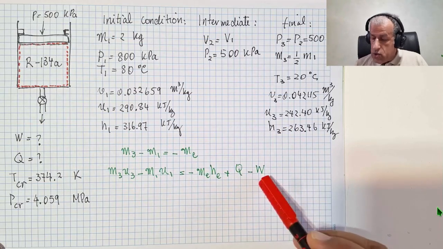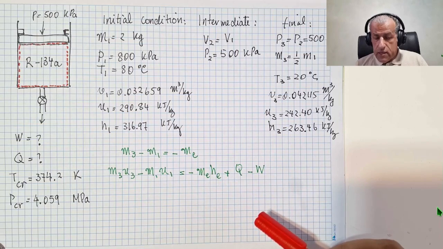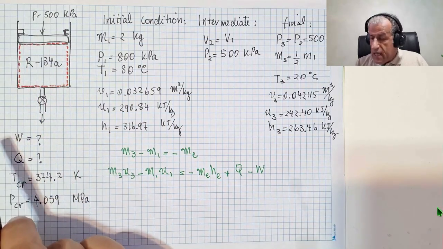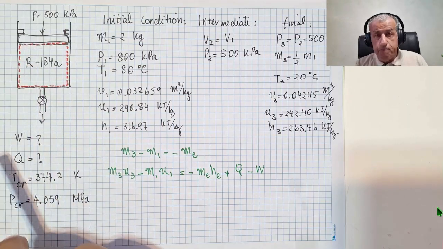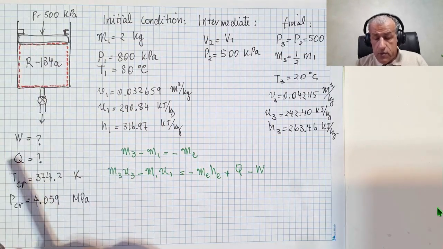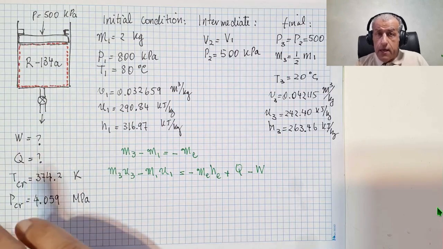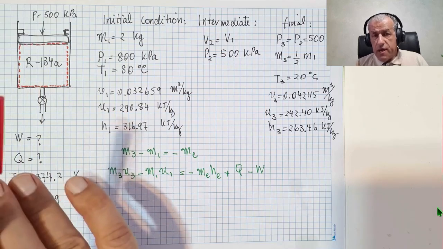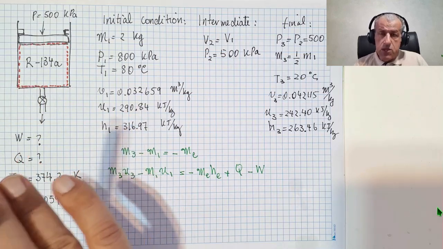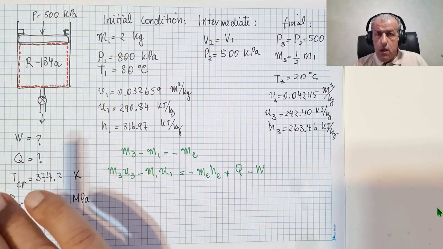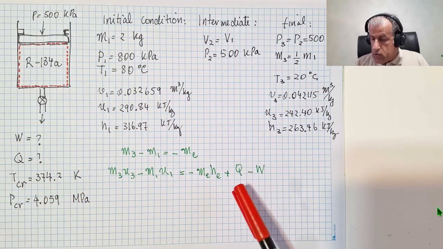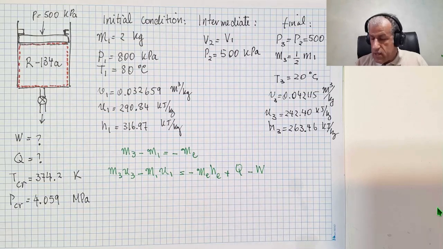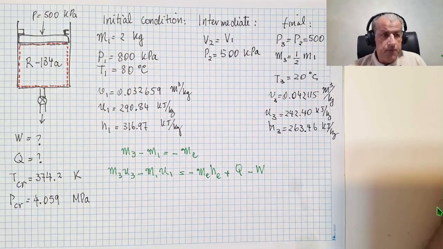Q we don't know, and W is easy to calculate since it's a constant pressure process, and we only need the integral P dV, and constant P makes it P times V3 minus V1. So the only unknown in this equation perhaps is Q, and we shall calculate it right now.